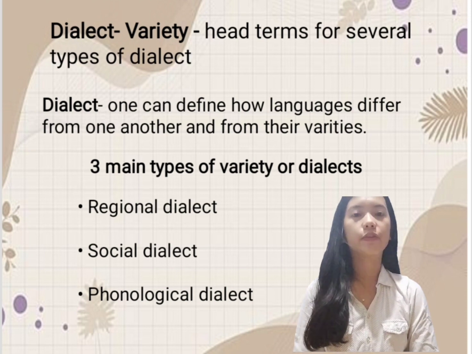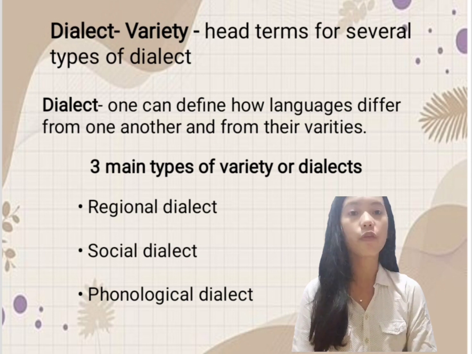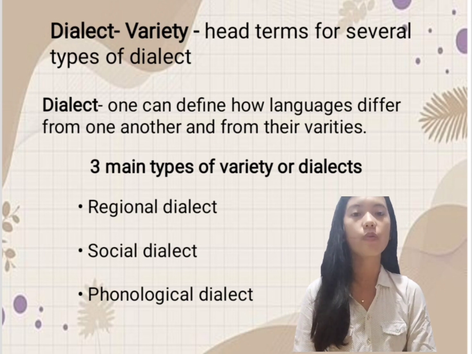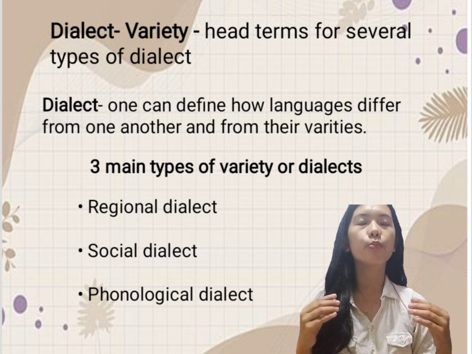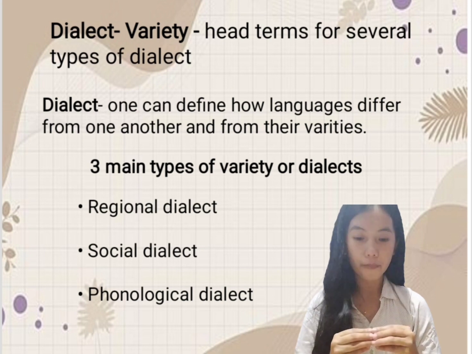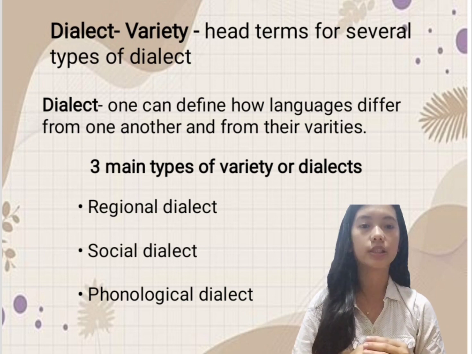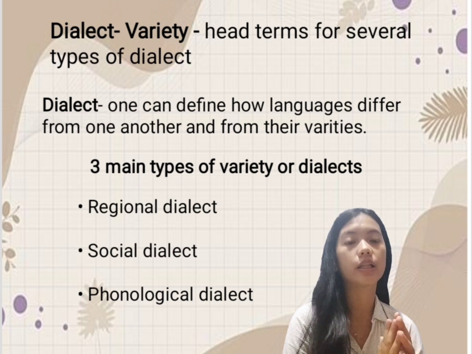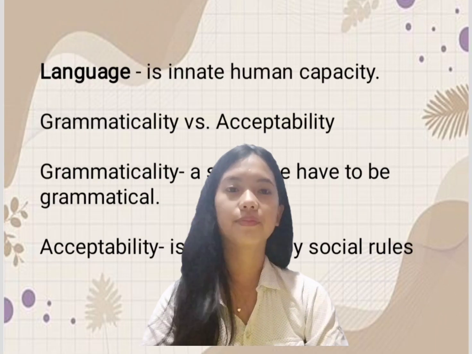Regional dialect is, for example, in North America, the degree of post-vocalic r is higher, so they would say car with the r sounded. For social dialect, when two people speak with one another, their language is always influenced by social factors. For the phonological dialect, here the accent is changing, like for example, class and then class.